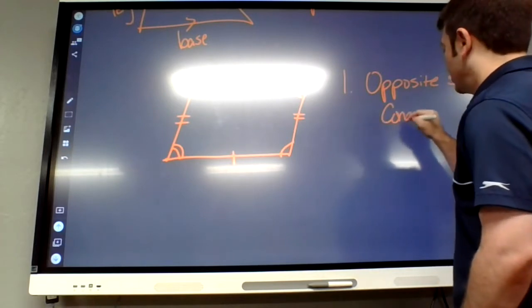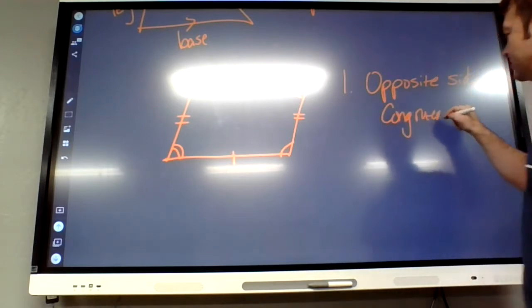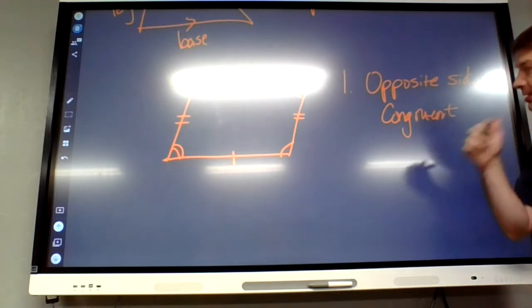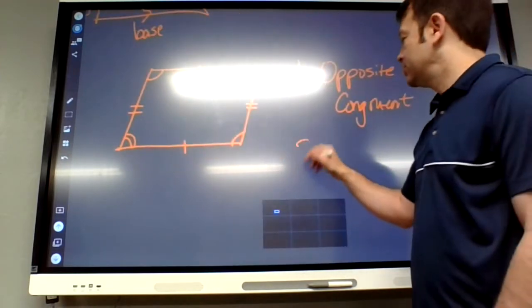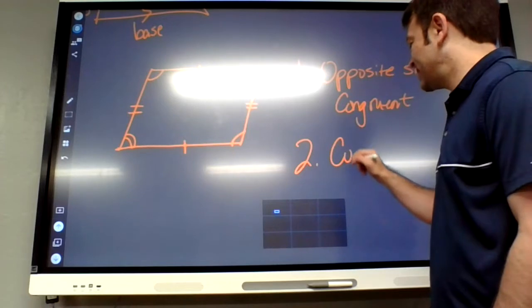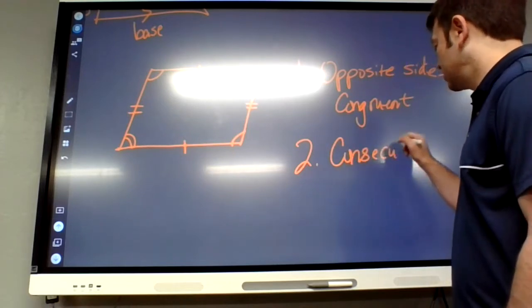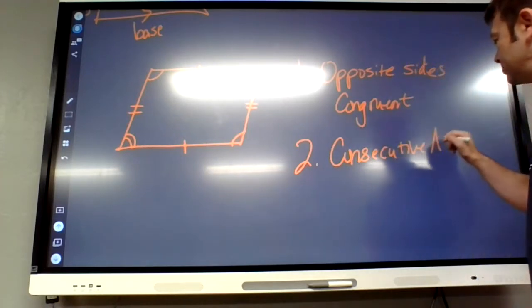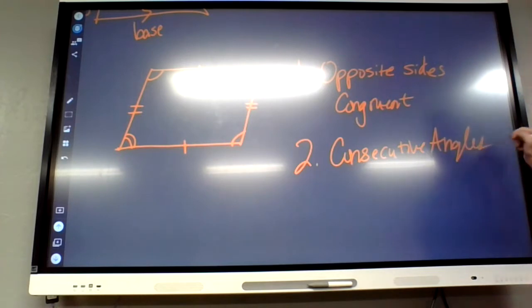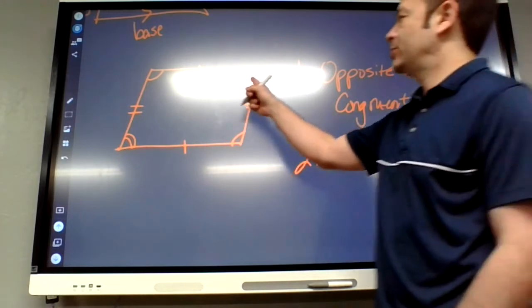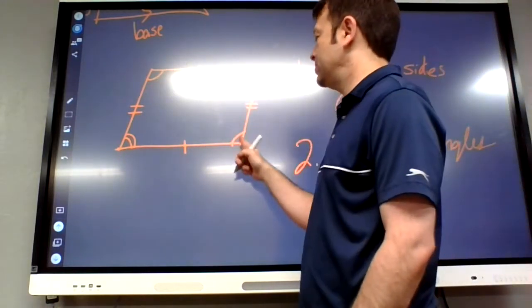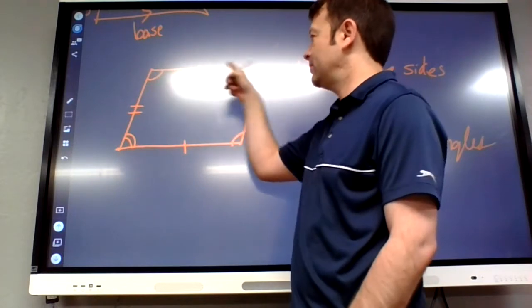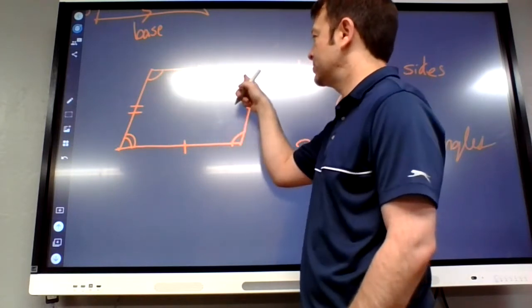I could have said number one is opposite sides are parallel, like the definition of a parallelogram, but let's skip that part. Number 2 is consecutive angles. You guys remember consecutive from yesterday? It just means one right after the other. Like these are opposite angles, these are consecutive angles, like this and this, this and this.